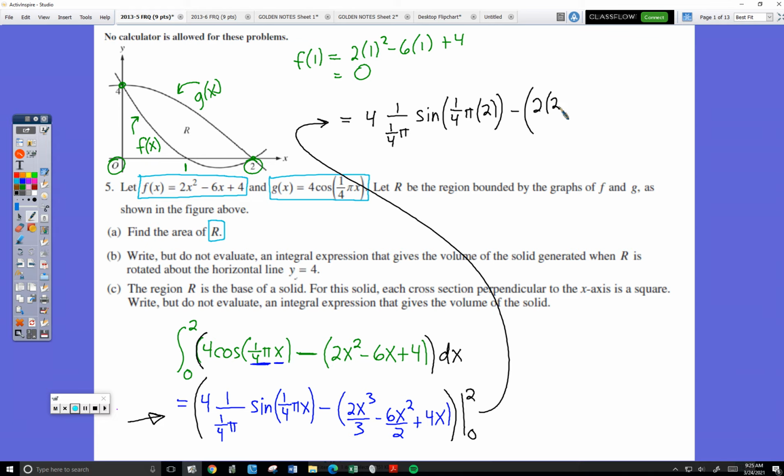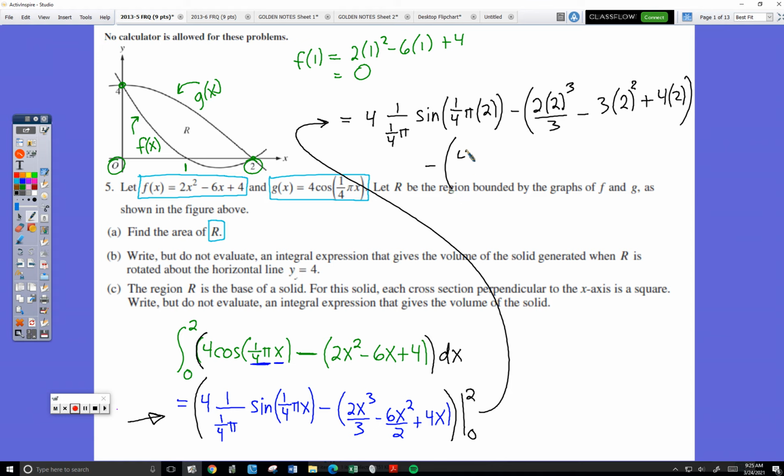Plug in the 2 cubed over 3 minus, that can be 3, that was pretty easy, 2 squared plus 4 times 2, don't forget the parenthesis, and all of that must subtract, and it's going to be a whole bunch of things being subtracted, so make sure you have another parenthesis. Now you just write it all out again.